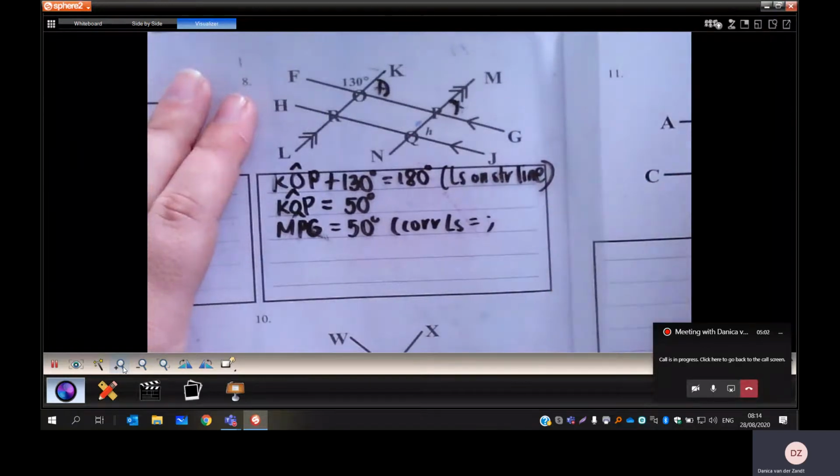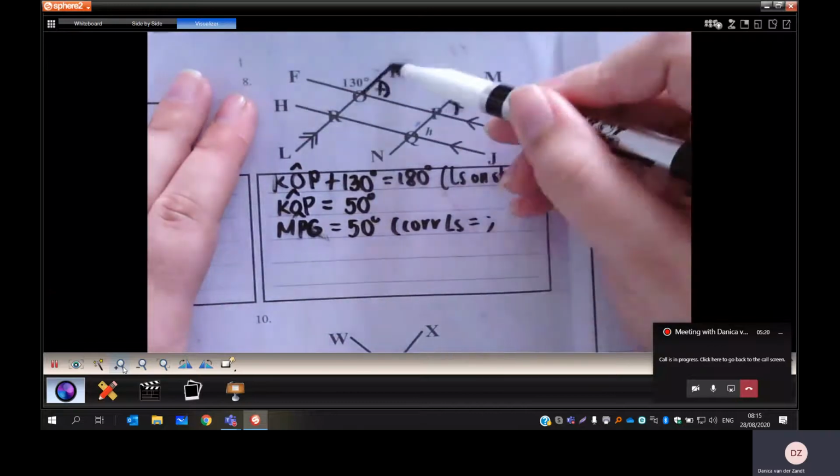Which lines did I use for that? Which parallel lines? Because there's lots of parallel lines there. Look for your F. If your parallel lines aren't perfect, you're not going to get that mark.